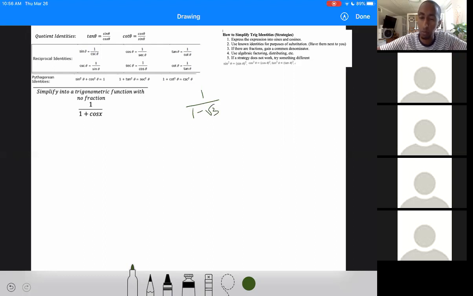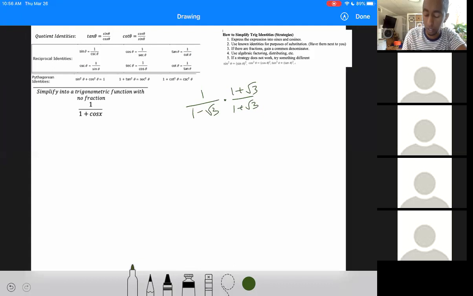Does anybody remember what we multiplied by to get rid of the radical? This is taking us way back. No? Okay, it's all right. It was 1 plus radical 3 over 1 plus radical 3.